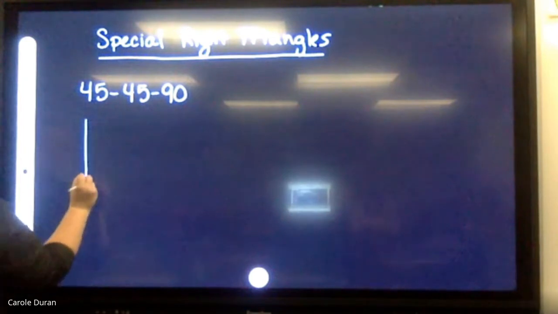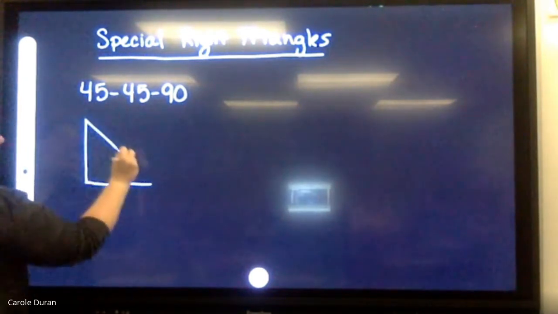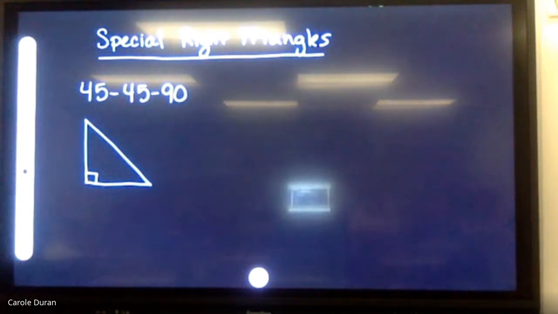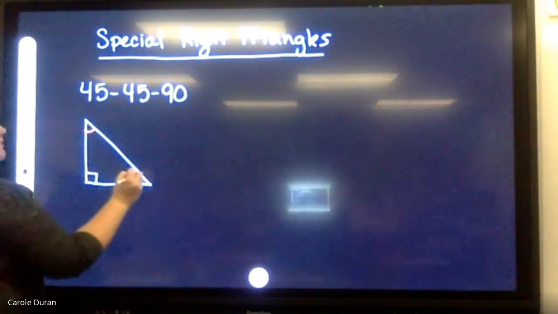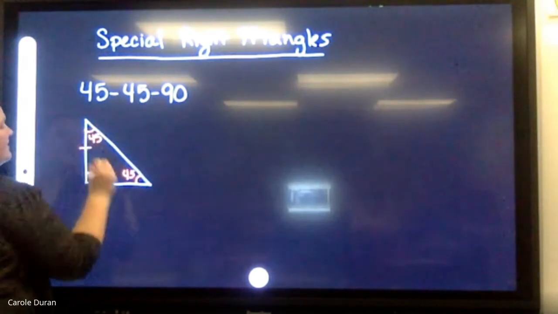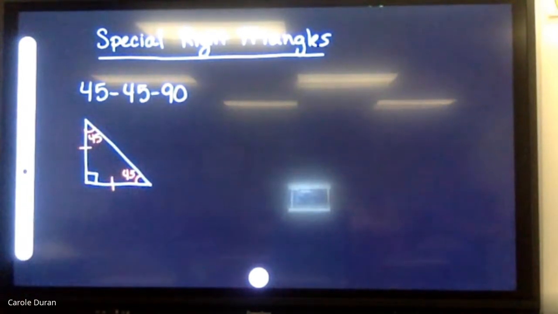This is a triangle that, of course, has that 90-degree angle, but the two other angles are each 45 degrees, which means that the two legs are the same length, which makes it an isosceles triangle.